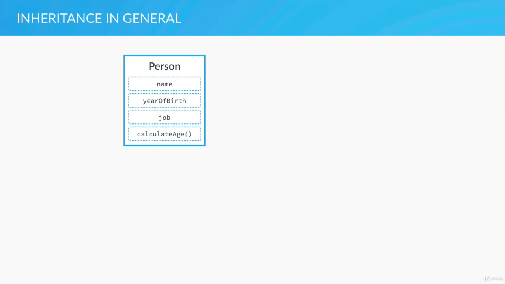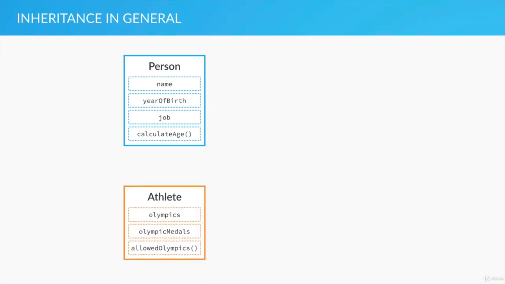Back to our persons example, imagine that we also wanted to have an athlete constructor besides the person constructor, with a couple of different properties and methods. Now, an athlete is also a person, right? There are just some particular properties and methods for an athlete, like for example, how many participations in Olympics they have, or how many medals they have won.